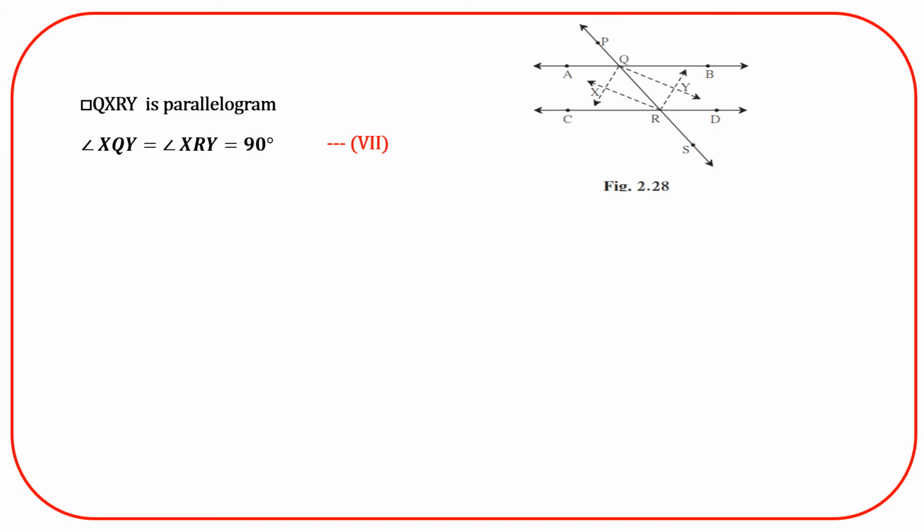Now observe the figure. This angle means angle XQY, this complete angle Q, and this angle means angle QYR. The addition of these two is equal to 180 degrees. These two angles are adjacent angles of a parallelogram. So write down angle XQY plus angle QYR is equal to 180 degrees, adjacent angles of a parallelogram.